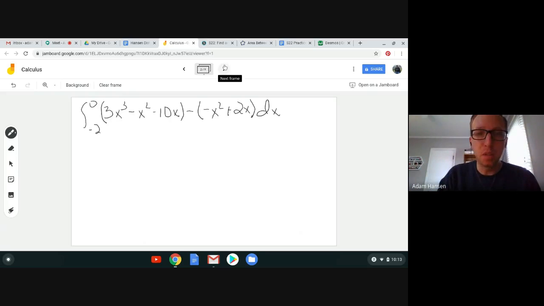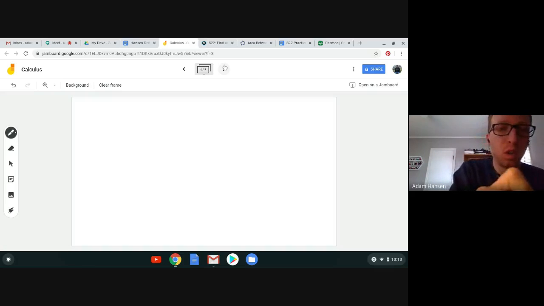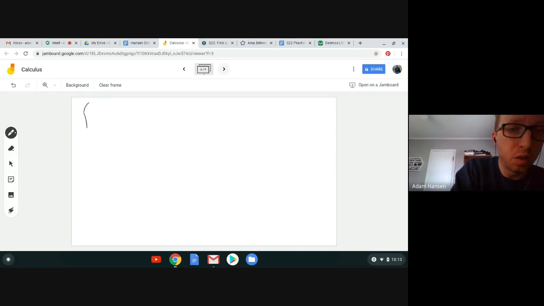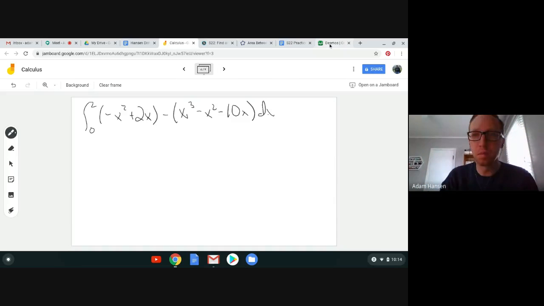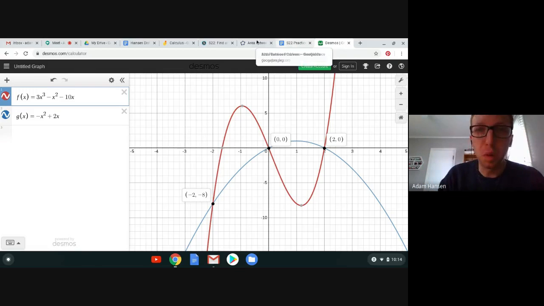And then if I skip ahead a couple slides to give myself some room to work, we'll have to do the second definite integral for the region to the right from 0 to 2 of quantity negative x squared plus 2x minus 3x cubed minus x squared minus 10x dx. Oops, that would be 3x cubed, pardon me.